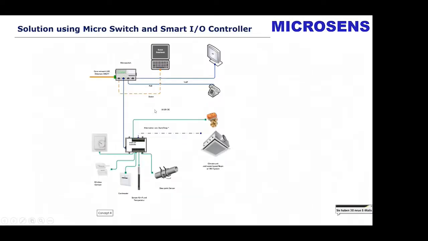I have two further examples. You see here a Microsens microswitch in combination with the smart I/O controller. The same part here, the office part. This is the conventional part, you know, and the smart I/O controller is connected via PoE to the switch. The switch delivers the power supply to those devices and picks up the information.